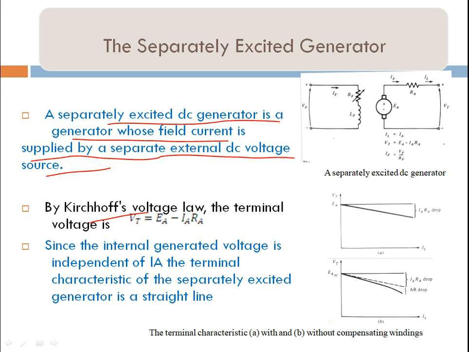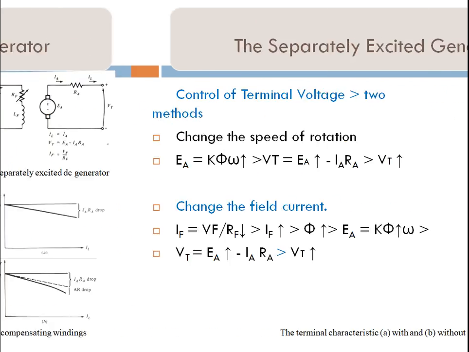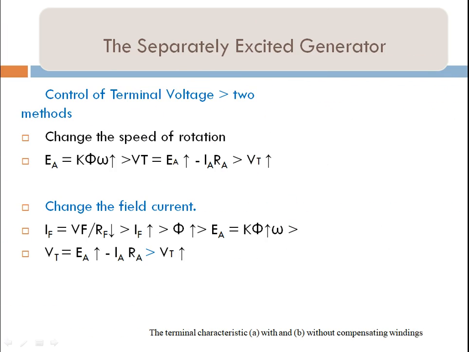By Kirchhoff's voltage law, the terminal voltage VT equals EA minus IA RA. Since the internal voltage is independent of IA, the terminal characteristic of a separately excited generator is a straight line.